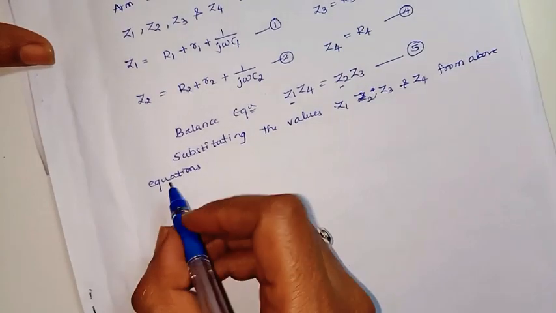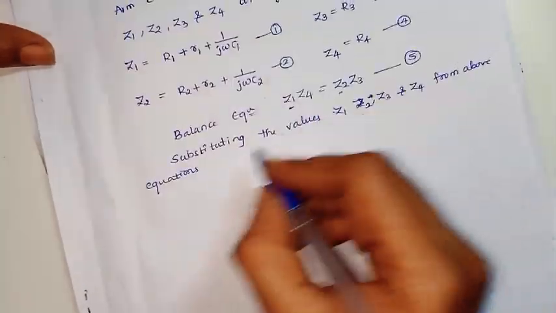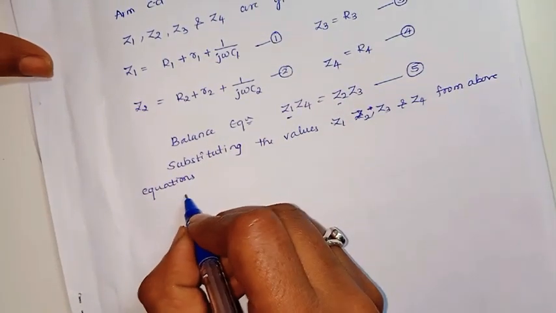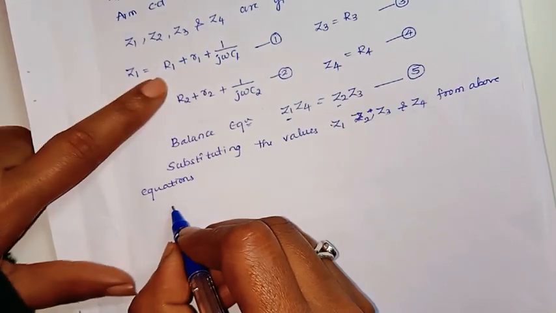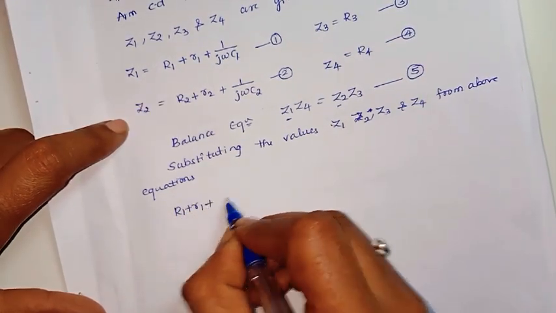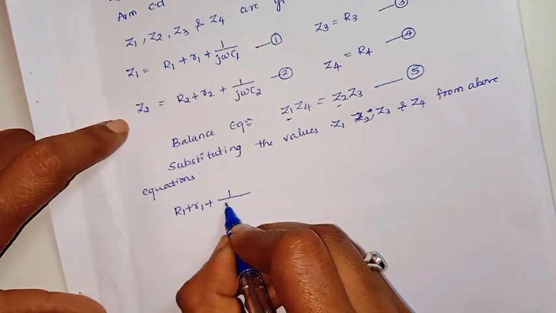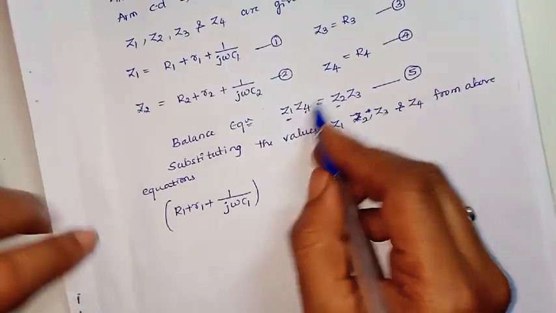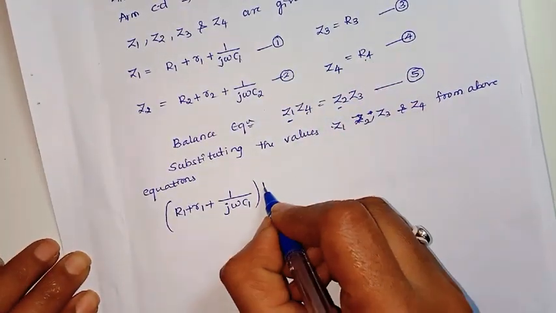So Z1 is R1 plus r1 plus 1 by j omega C1, into Z4, where Z4 equals R4.